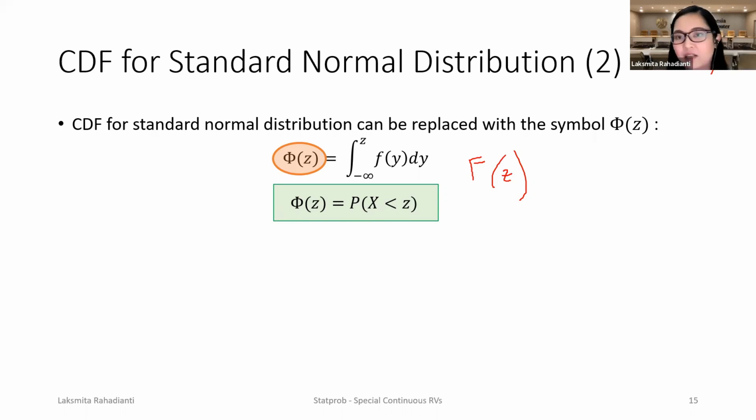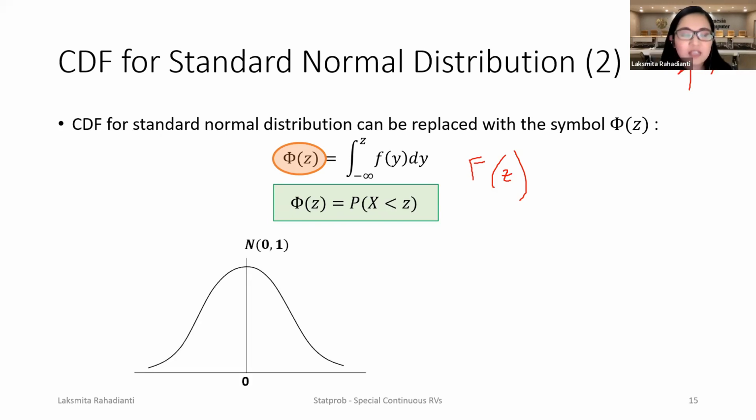Since we already know the shape of a normal random variable, and we already know that this must be centered at 0 because it's standardized, and the standard deviation or the variance will always be 1, then we know that this graph here of N(0,1) would be valid for any normal random variable that has already been converted to a standard normal distribution.